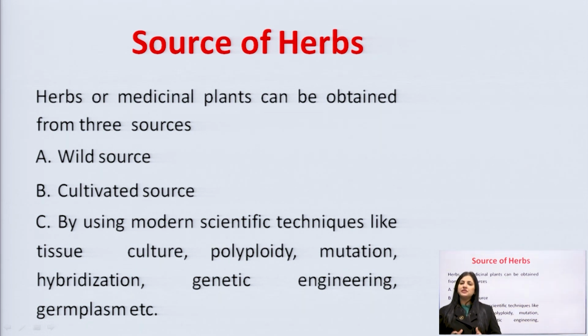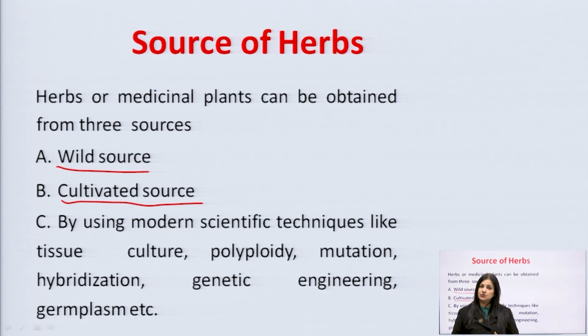Now, where do these herbs come from? What are the various sources of the herbs, right? The herbs can be obtained from three sources. Number one, the wild source, which exists as in nature. So, they are existing in the nature as it is, say from the forest. Then, cultivated source, where a cultivator or farmer grows that medicinal product to get the plant part. Or the third way is by using modern scientific techniques like tissue culture, polyploidy, mutation, hybridization, genetic engineering and germplasm.